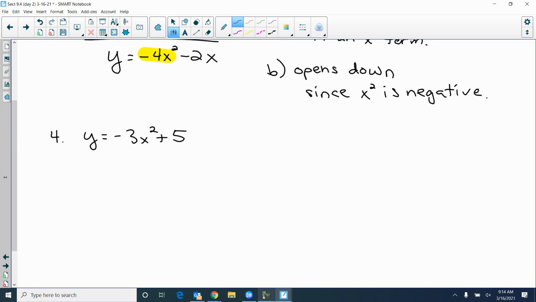We're gonna plug in -2, -1, 0, 1, and 2, because it told us what to plug in. So give me a chart. And we do have to plug in those numbers.